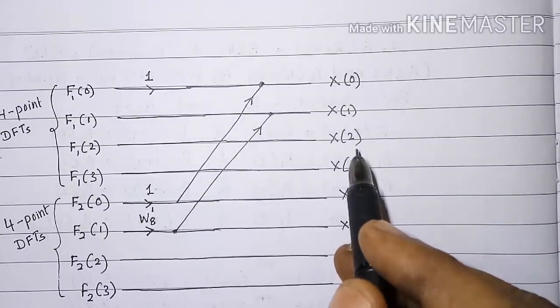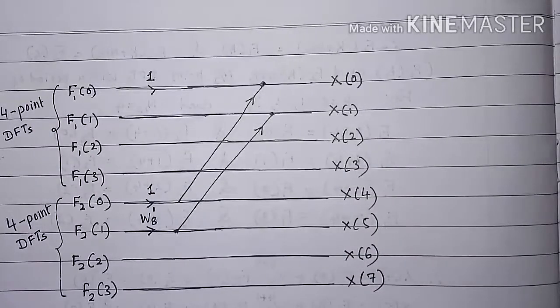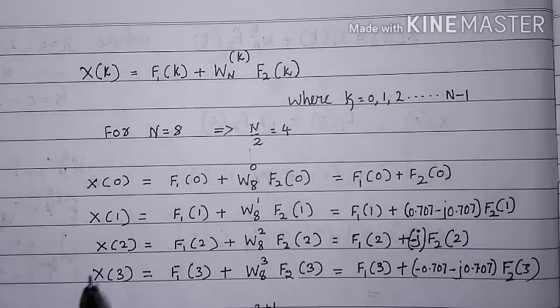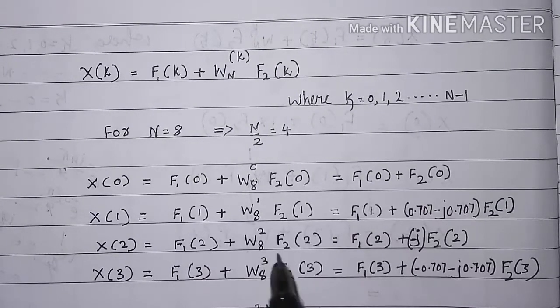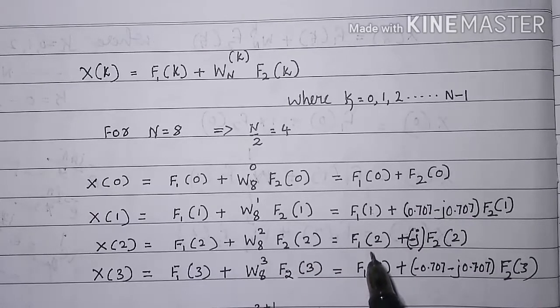Next we have to calculate x of 2. X of 2 is equal to f1 of 2 plus w8 raised to 2 f2 of 2. On simplification we get f1 of 2 plus bracket minus j into f2 of 2.